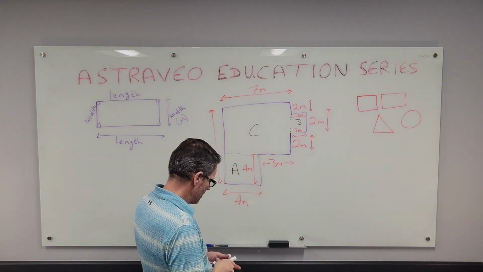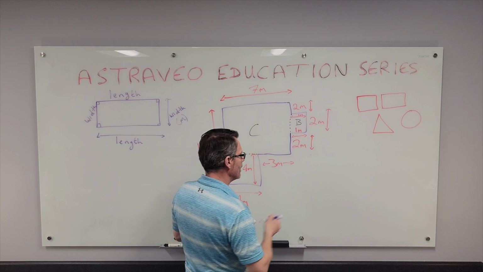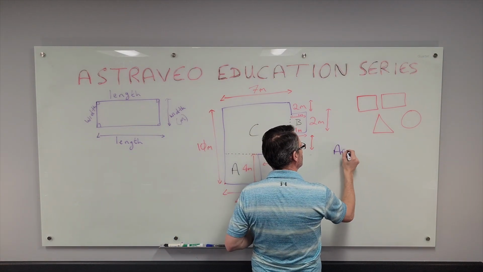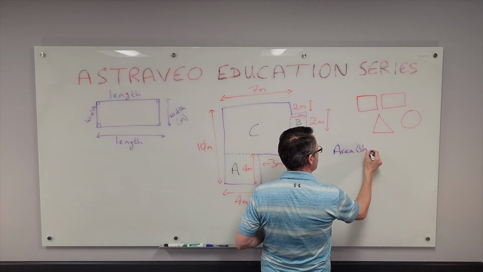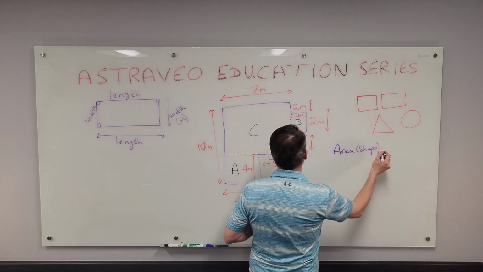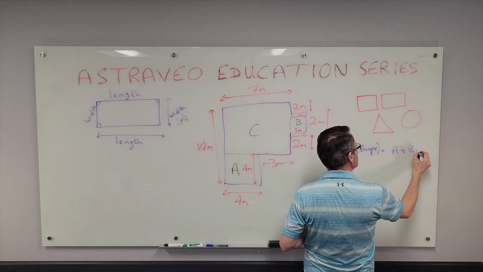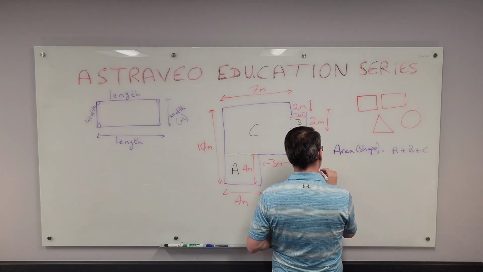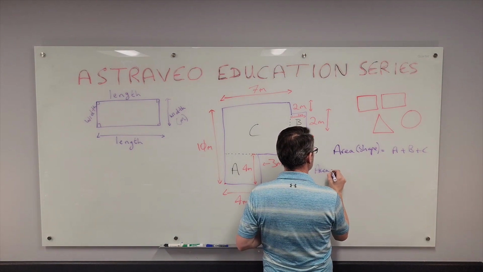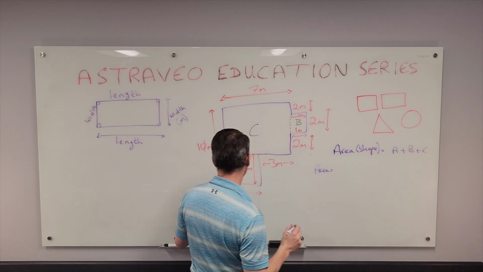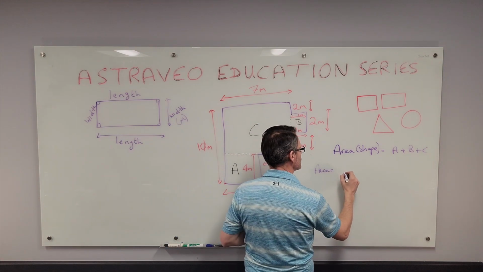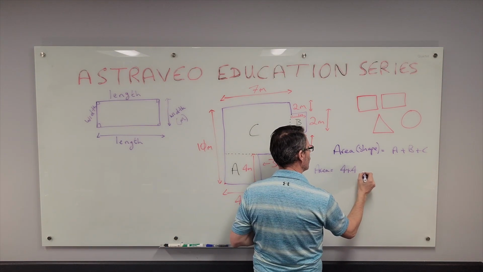So really, the area of the whole shape is just the area of A plus B plus C. So area equals. Now A is a square, 4 meters by 4 meters, so 4 times 4.